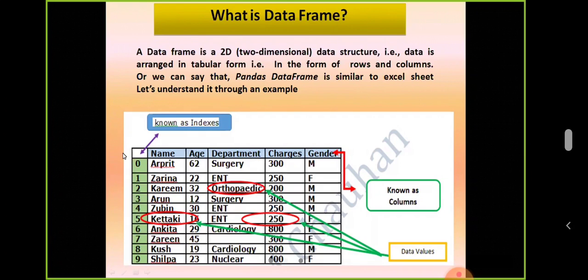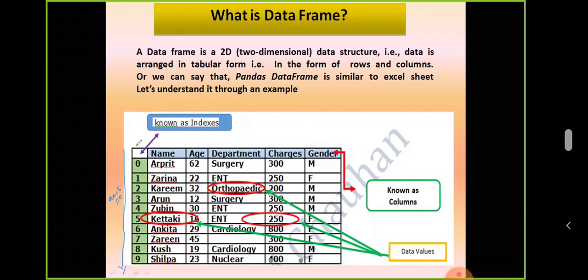One operates on the columns and the other operates on the rows. The axis which operates on the rows is called the vertical axis. If I am drawing it here, this vertical axis is called the rows axis, and its value is axis equal to 0 in Python pandas.